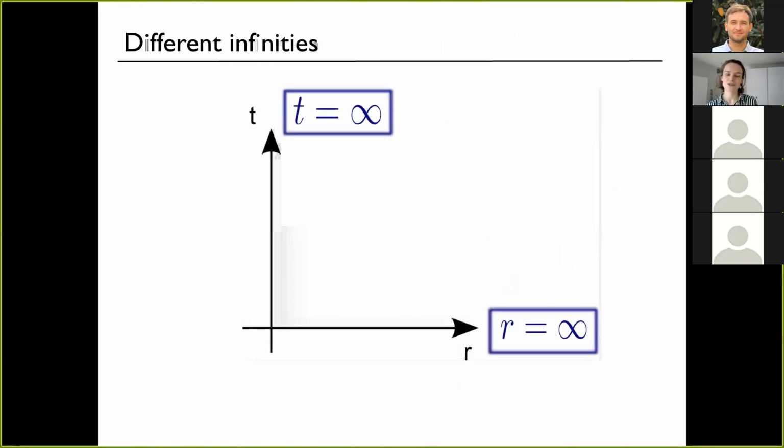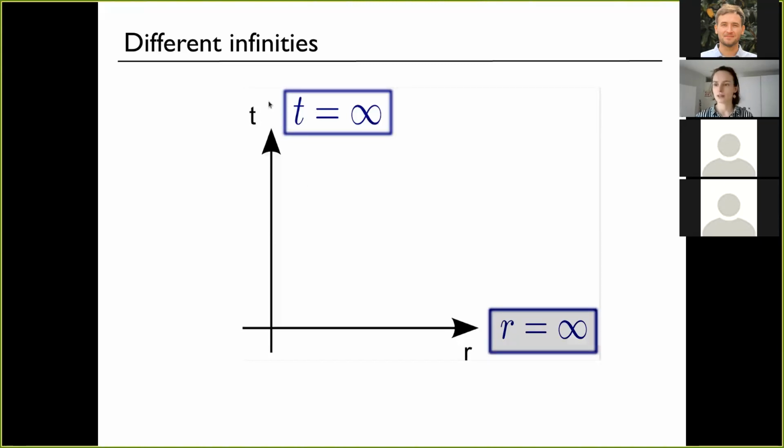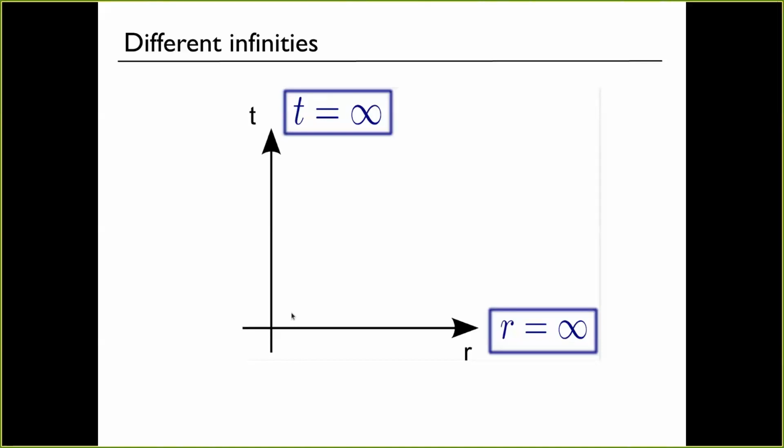What you can do is keep your spatial position fixed and just send time to infinity, and you would end up at time-like infinity. The opposite way, you can keep your time fixed and send your radial coordinate to infinity, so you end up at space-like infinity.